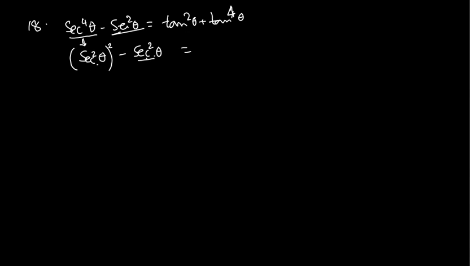We are pulling out secant square theta. When you pull it out, here you will have one more secant square theta remaining, minus 1. Then keep this as secant square theta.